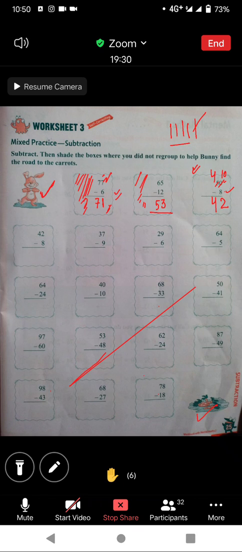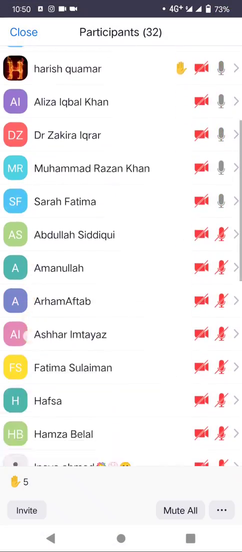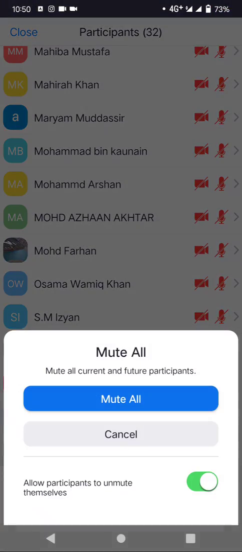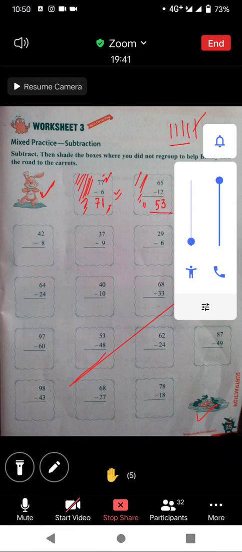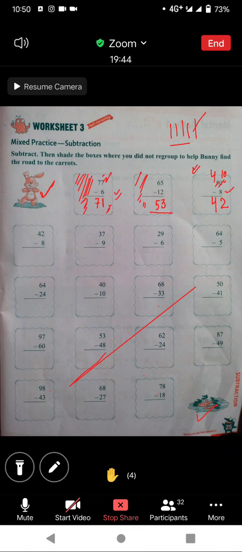Yes, with pencil you can shade. Don't shade with the color, shade with pencil only, then you will get a road.